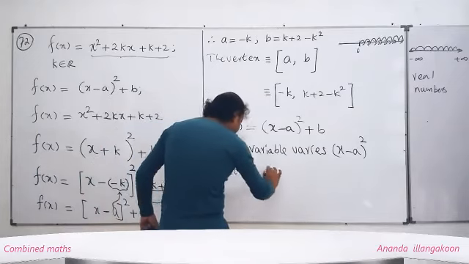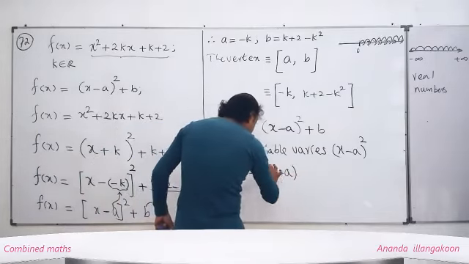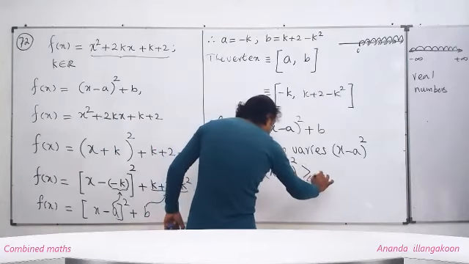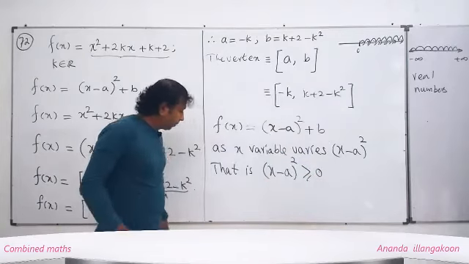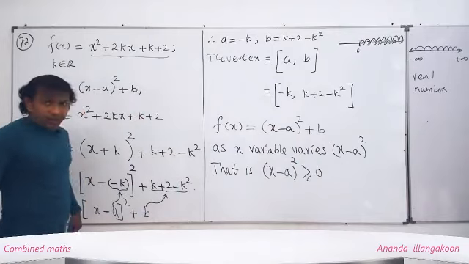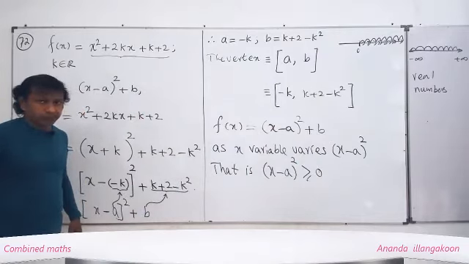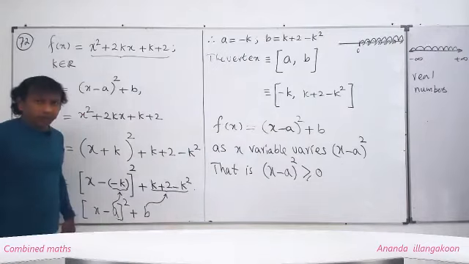That is, x minus a perfect squared is greater than or equal to 0. That is, x minus a perfect square greater than or equal to 0.